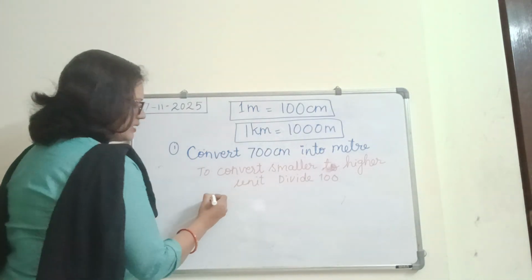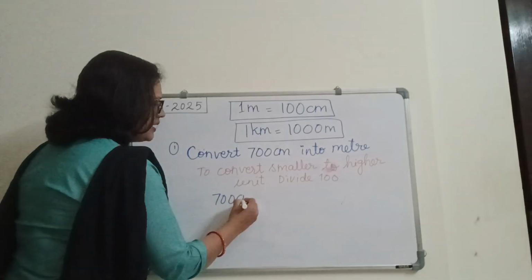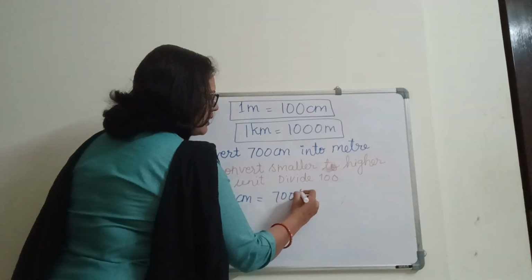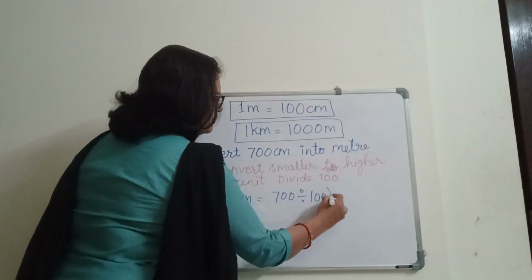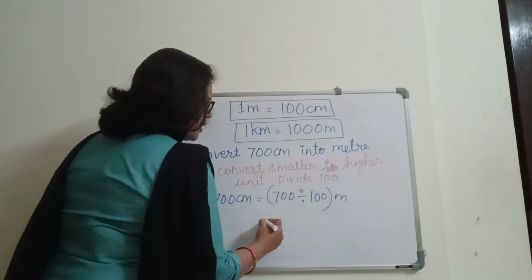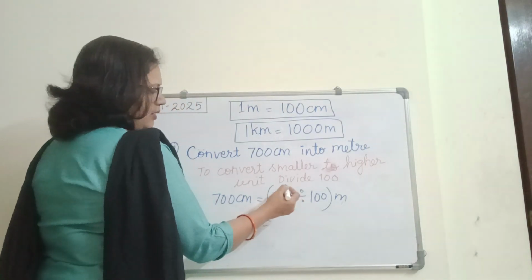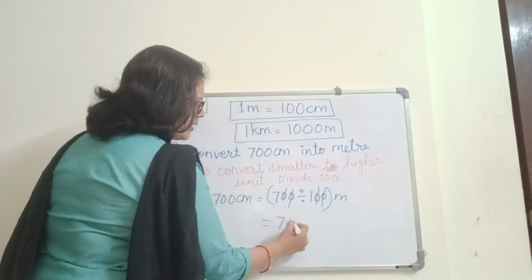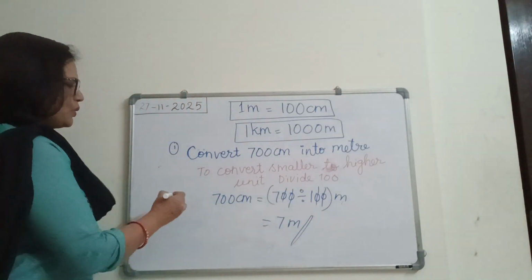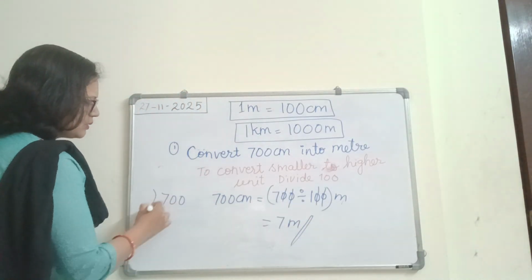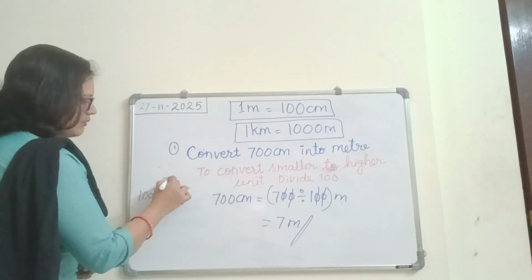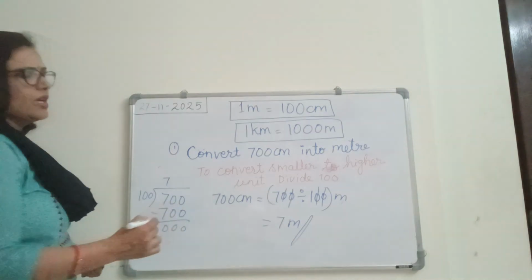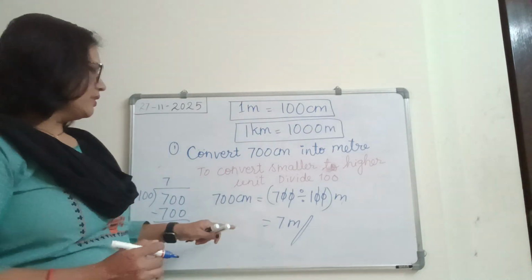Now take the sum as it is: 700 centimeter equals 700 divided by 100 meter. These zeros cancel with the zeros in 100, then you get 7 meter. This is the answer. Or you can use the simple division method also: 7 ones are 7, so 700 divided by 100 is 7. You can do it this way also and find the answer.